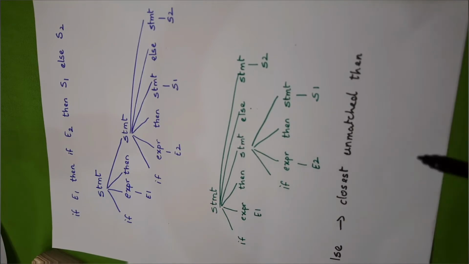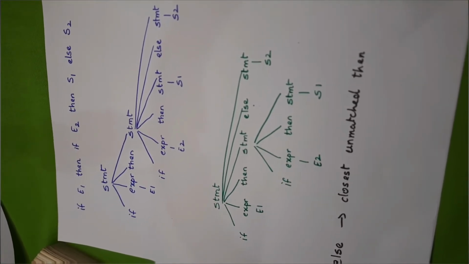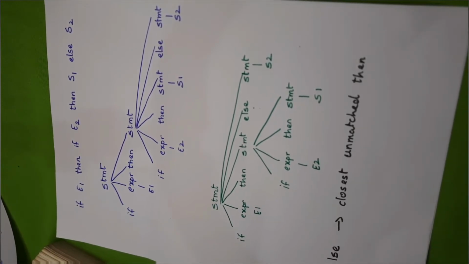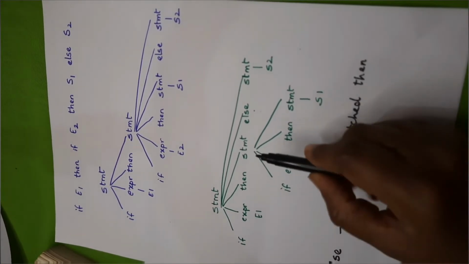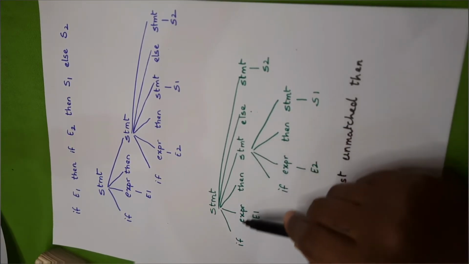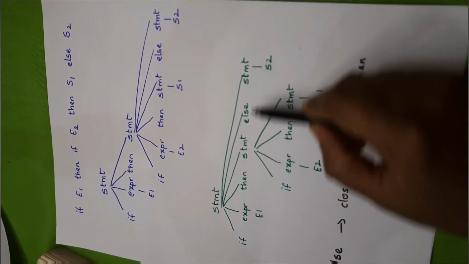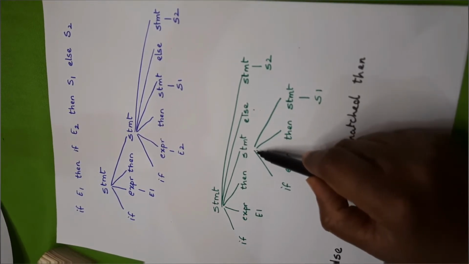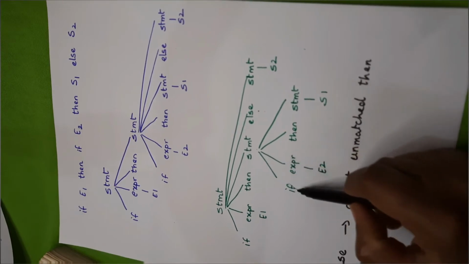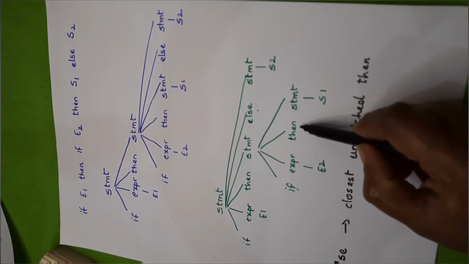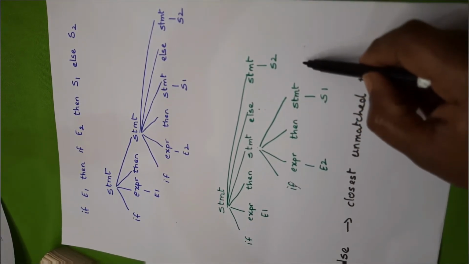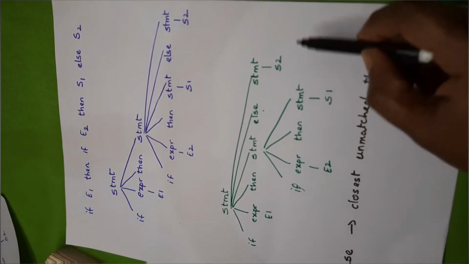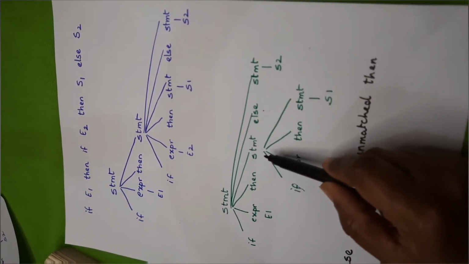Now we will rewrite this grammar to make it unambiguous. How are we going to make it unambiguous? When we are expanding a statement like this, if expr then statement else statement, and we expand the statement in between, we will ensure that this statement has both the if and else part. When it has only then, it is expanded at the end, not somewhere in between.